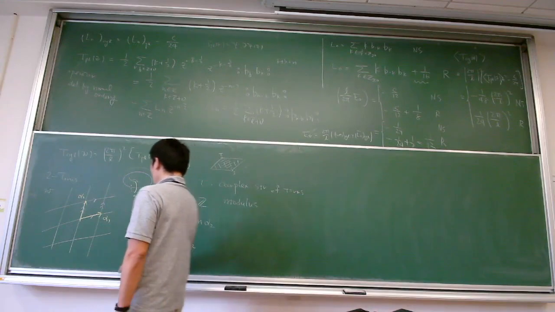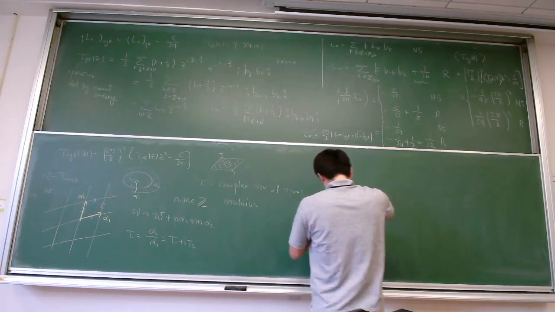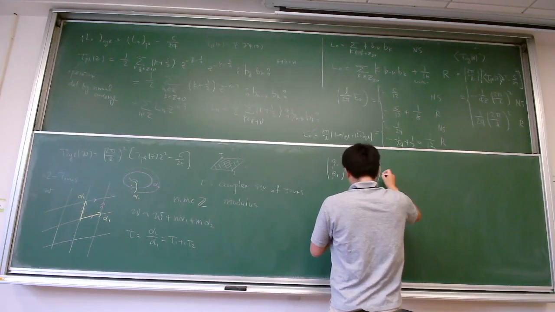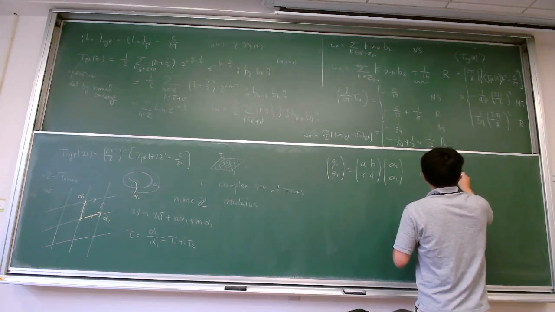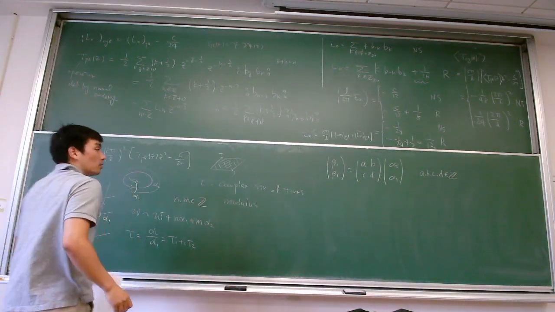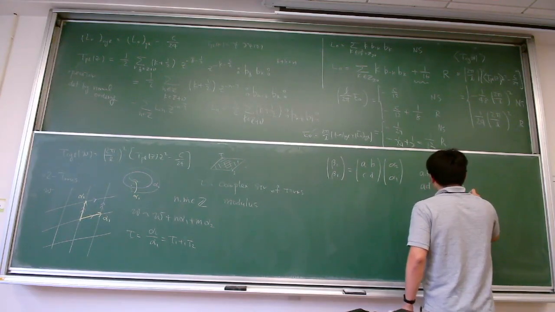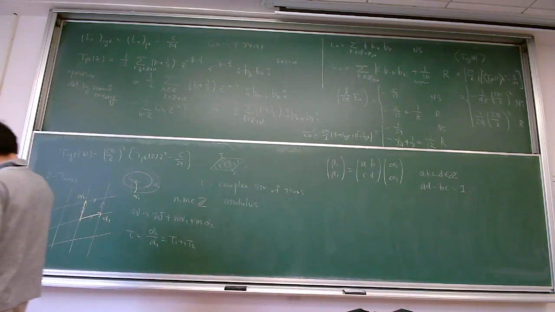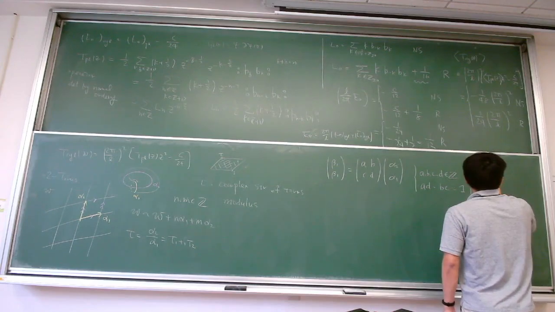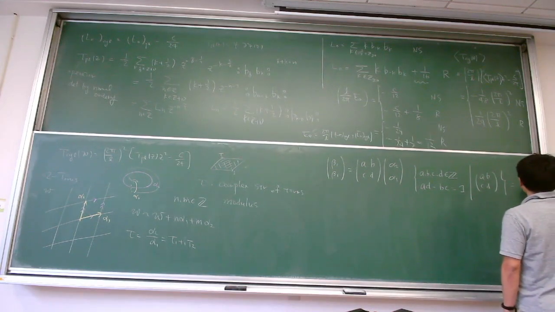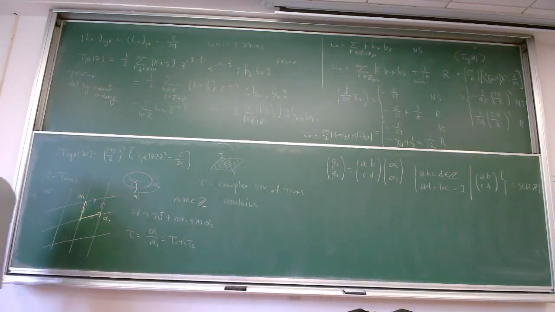The lattice can be defined by some vectors beta 1, beta 2, which transform under a matrix with integer entries, and also to keep the area, the determinant should be equal to 1. So this is a 2x2 matrix called SL2Z.